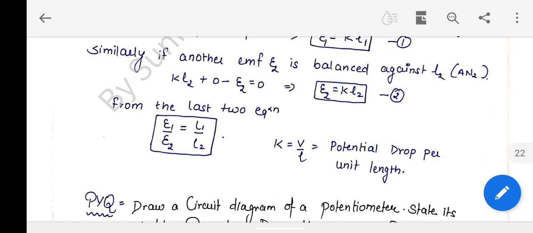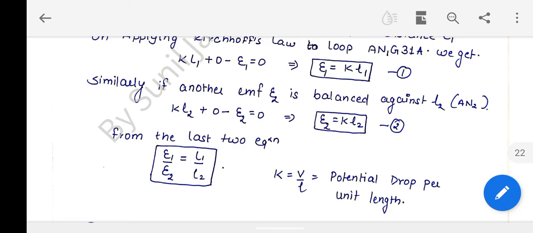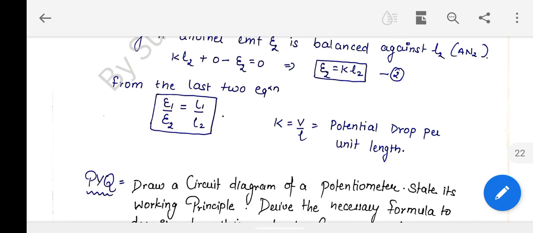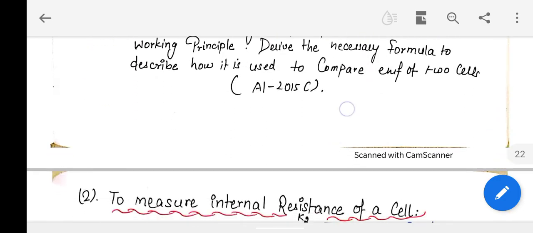From this expression, if you know L1, L2 and E2, you can find E1. E1 and E2 are the EMFs of two batteries, two cells. L1 and L2 are the distances of the null point, or the balance point, whatever you say. So it is also used to find the EMF of the cell.